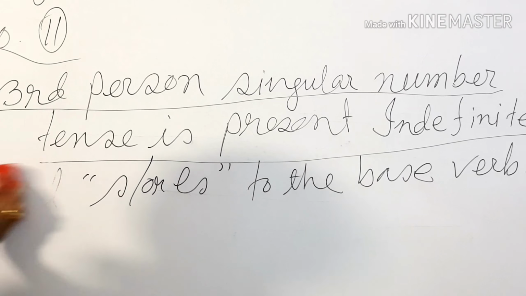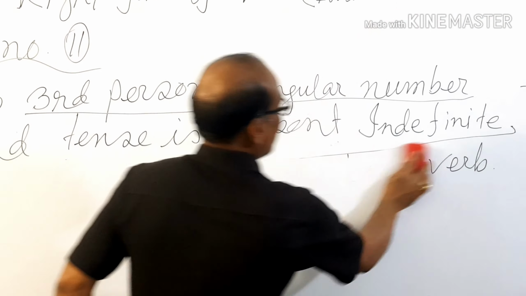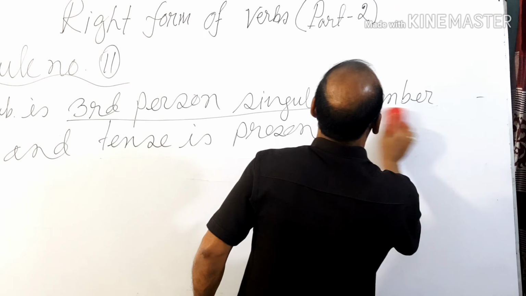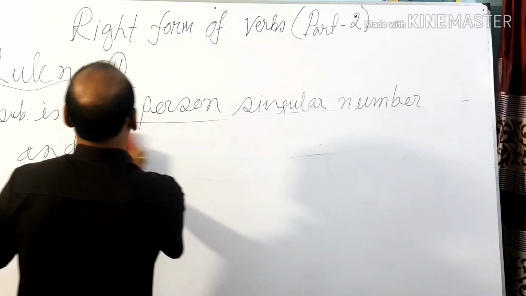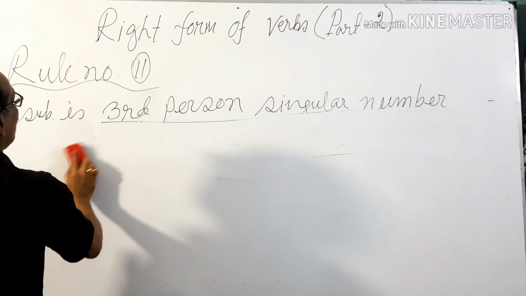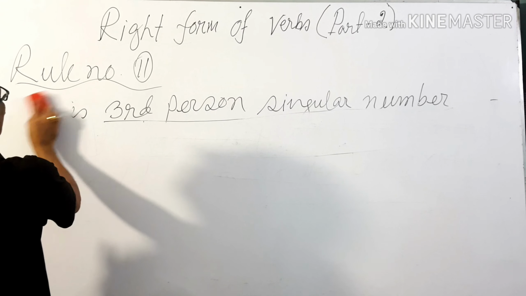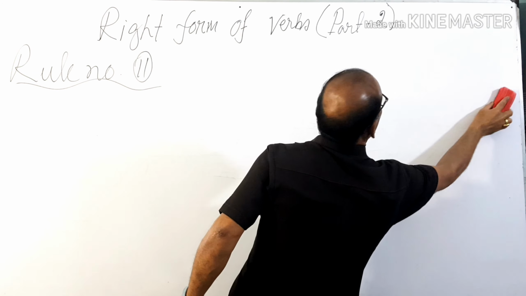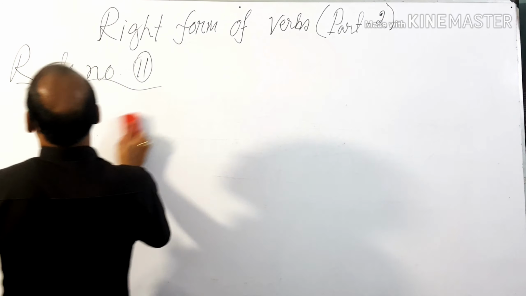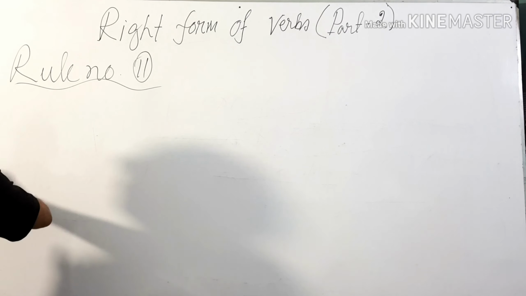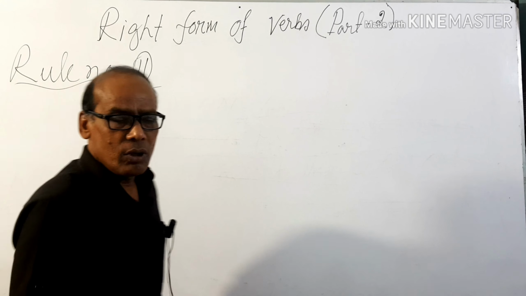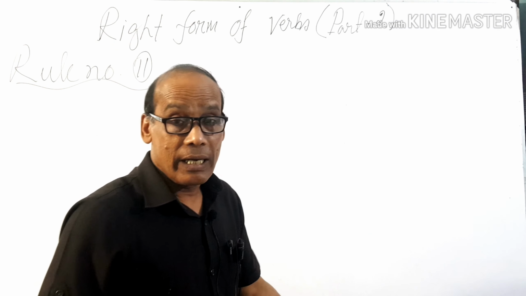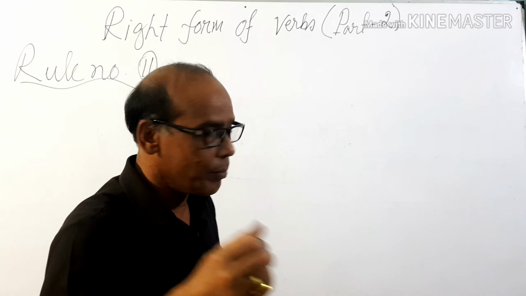But the question may arise, s or es, what do they mean? Does it mean that if we use s in the place of es, it is all right? Or es in the place of s, is it all right? No. S is added to one type of verb and es is added to another type of verb.